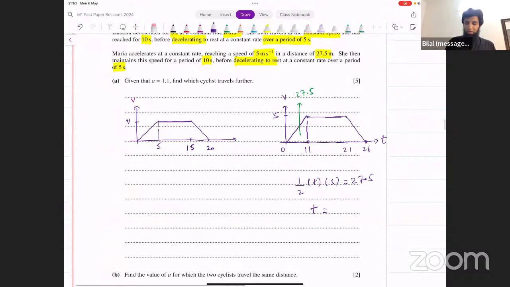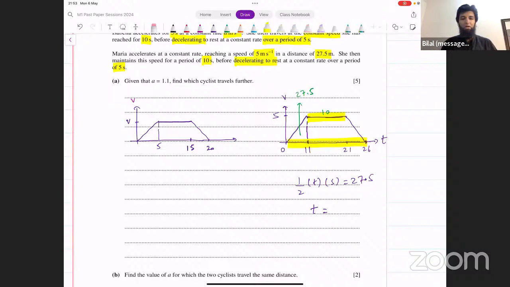Okay. Now, how much does Maria travel for this whole journey? Can we find the rest of the area? In fact, we can just find the total area directly here now. This length is 10. This length is 26. Height is 5.